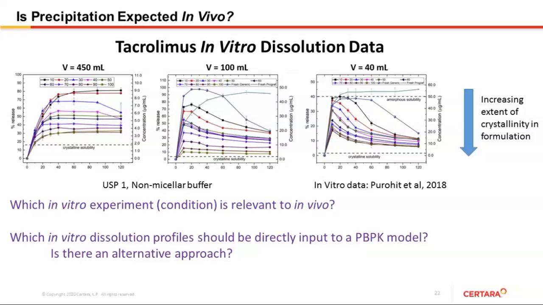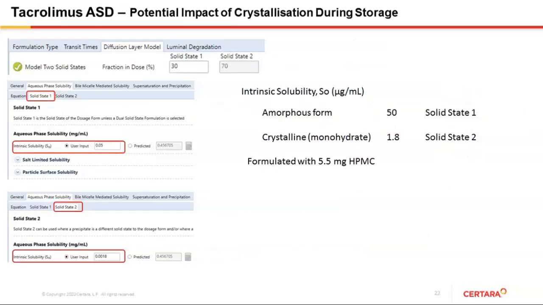Now that's quite a difficult decision without some thought. So is there an alternative approach? Well, the approach we've taken is to use mechanistic modeling to calculate dissolution rather than directly inputting in vitro dissolution profile into the PBPK model.